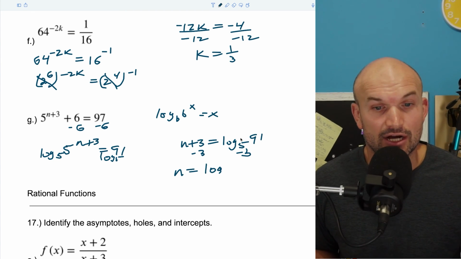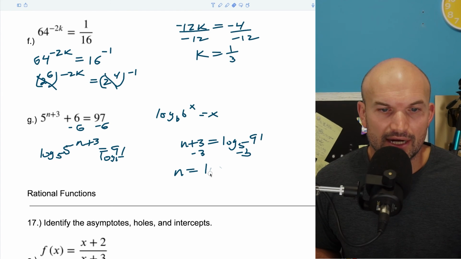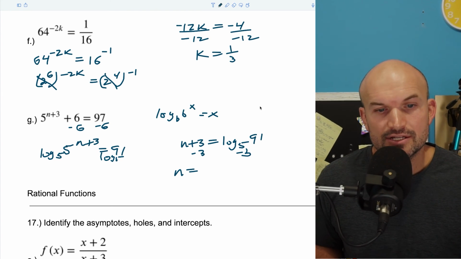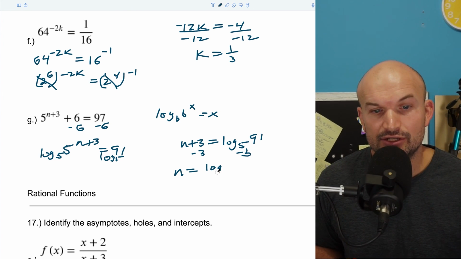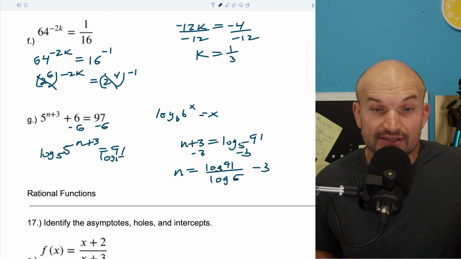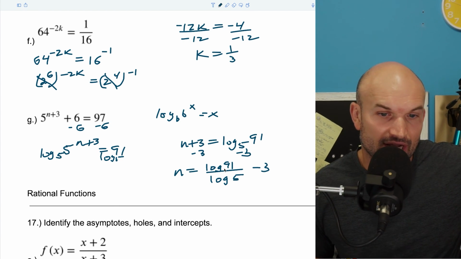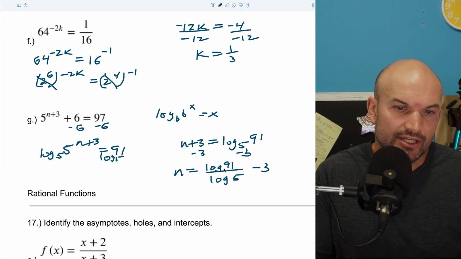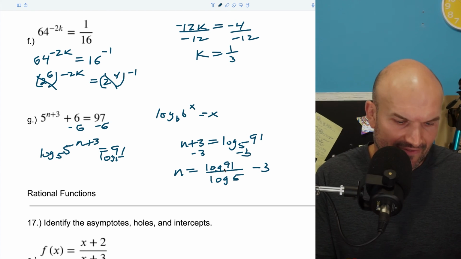Now in this case, a lot of calculators, you're not going to be able to type that in exactly how it is, right? So what I'd recommend you do here is use the change of base formula. I rewrite this as log of 91 all over log of 5, and then minus 3. So now this is going to be a log base 10 on your calculator, rather than using log base 5 of 91.